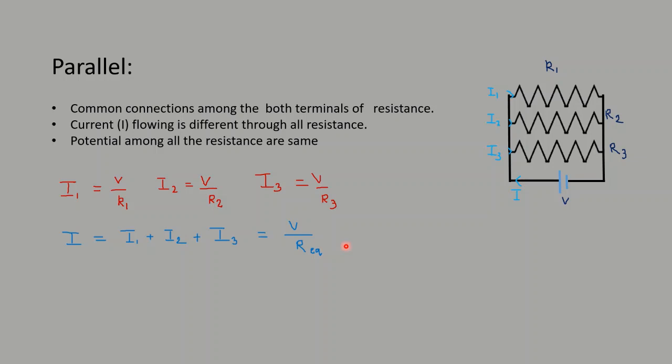We replace it with an equivalent resistance, and thus we obtain the equivalent resistance for the parallel setup as 1 by R equivalent equals 1 by R1 plus 1 by R2 plus 1 by R3.